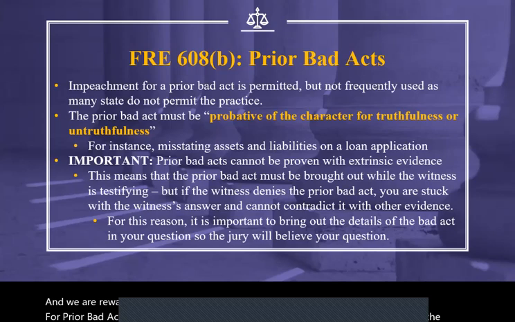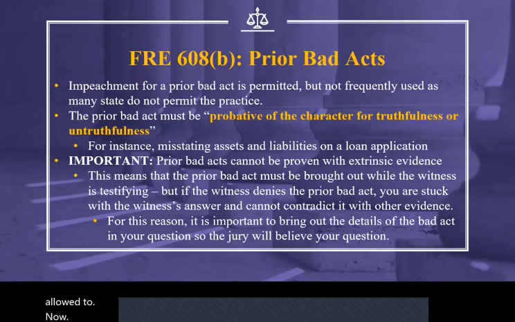So the feds, you can use prior bad acts. States, most of them you can't. Now, the prior bad act of this person has to be probative of the character for truthfulness or untruthfulness, right? So this can get a little ridiculous and it can confuse a jury, right? So you have to be very careful how you approach a prior bad act, if you're even allowed to.